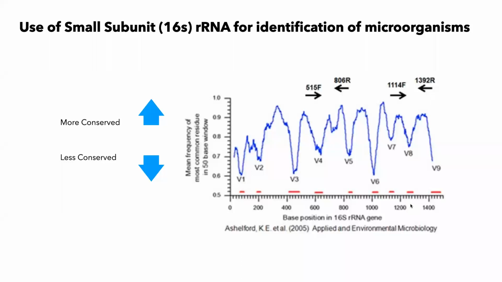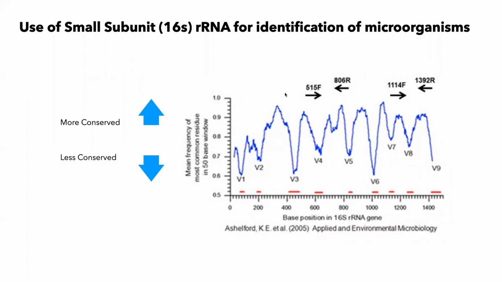Okay, the more conserved the reads, the more related they are between organisms. If they are the same amongst many organisms, that puts them in a higher level taxonomy. If they are more diverse between organisms, that puts them at a lower level of taxonomy.